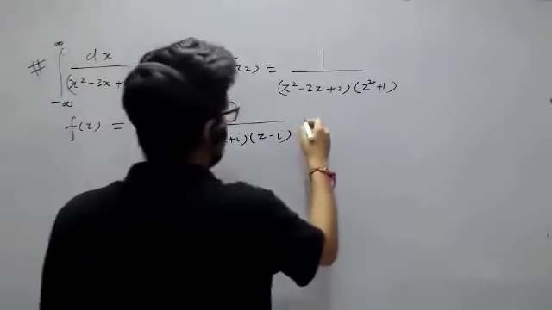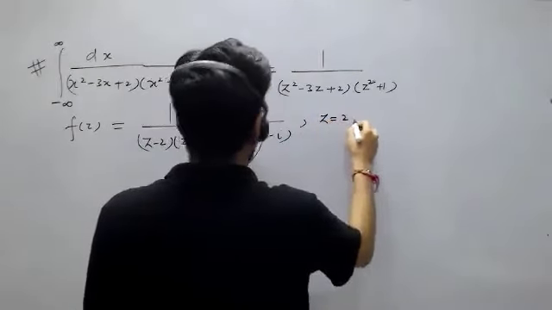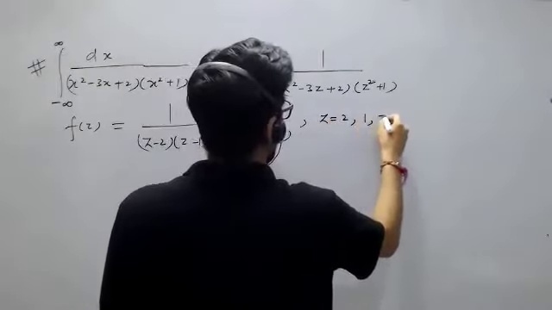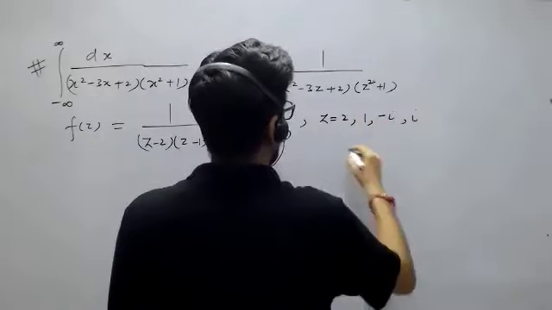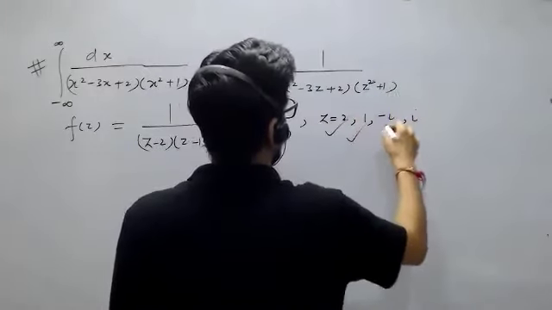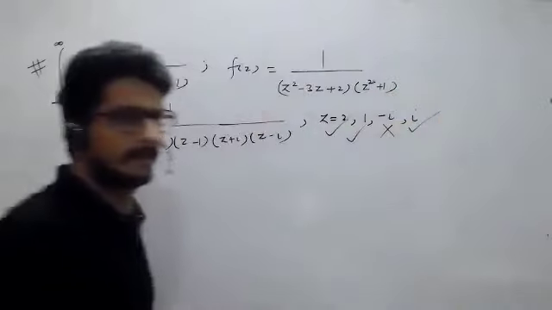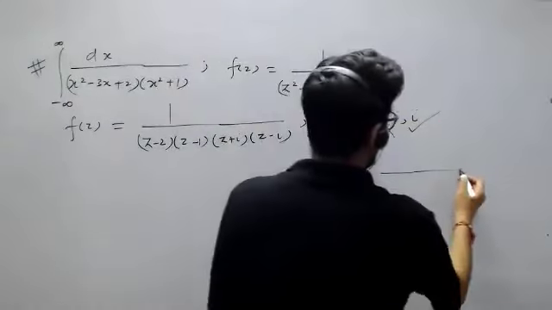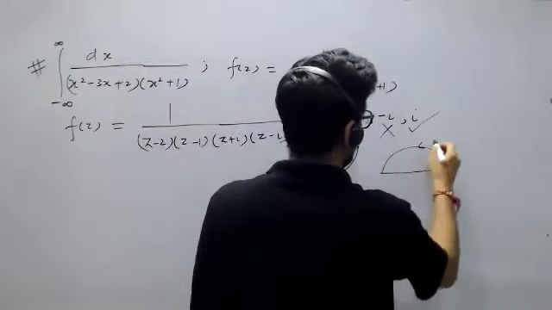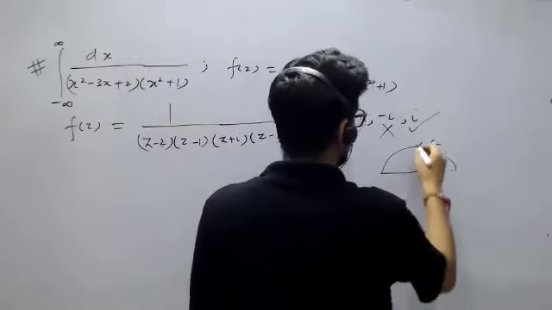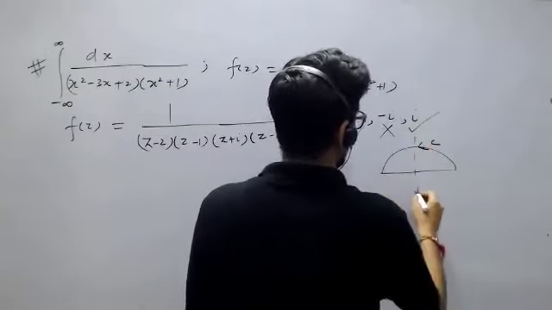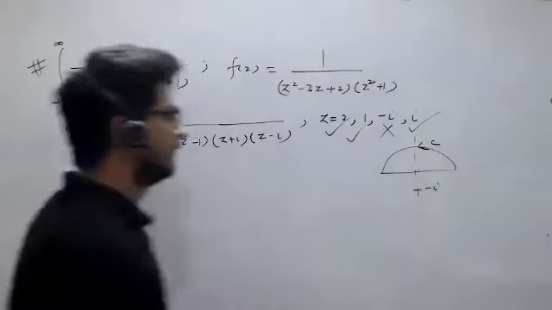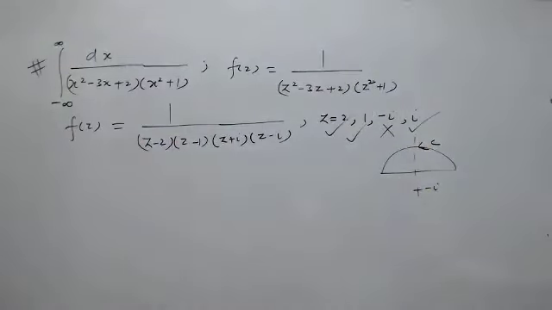What are the poles? 2, 1, minus iota and iota. This will be taken, this will be taken, this will not be taken, this will be taken, because of the nature of the contour which we are using. Yes? So minus iota will lie somewhere here. All others will lie inside the contour.